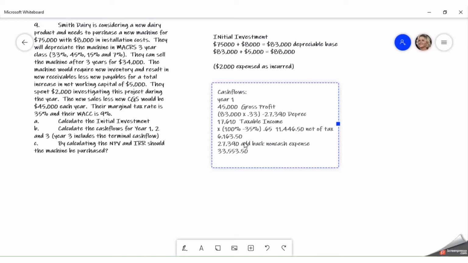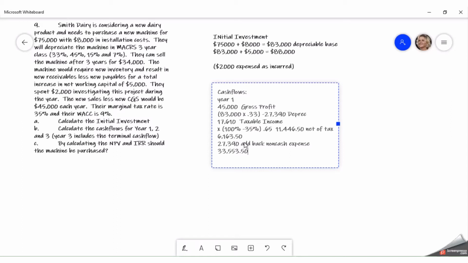And then that's going to be our first cash flow. Then we'll do the same thing for year 2, except the depreciation is going to change.